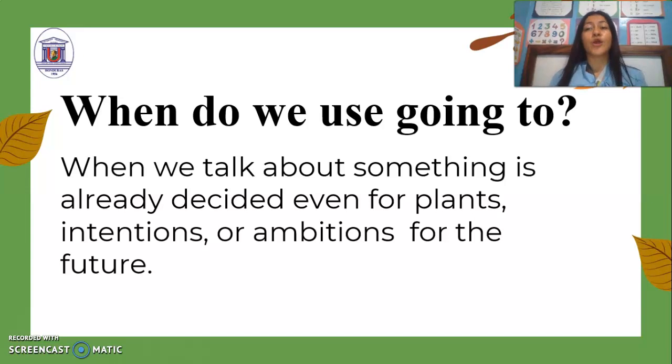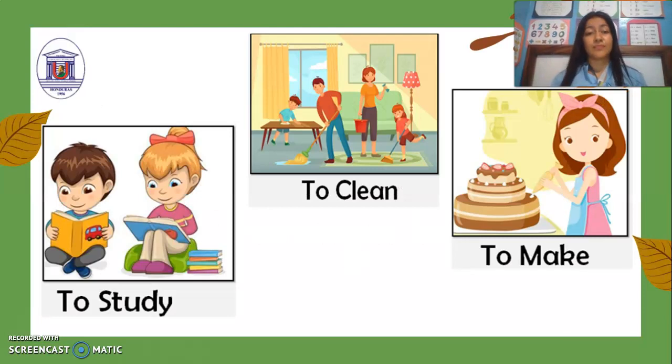Okay, remember when you are going to use going to? When we talk about something already decided or when we talk about plans. Some verbs that you can use with going to are to clean, to study, to make.